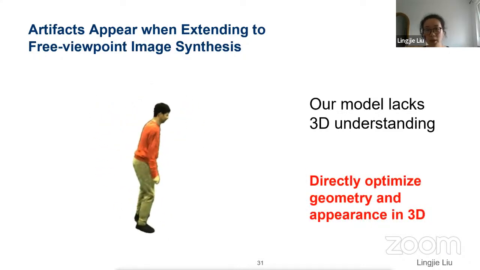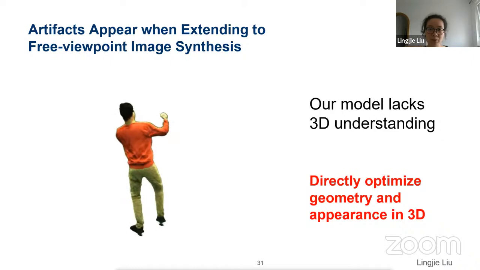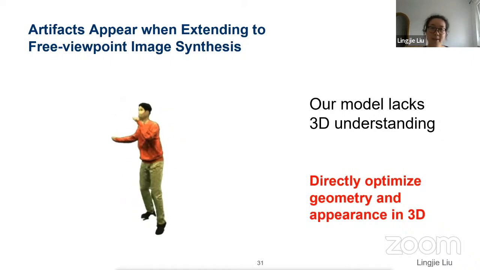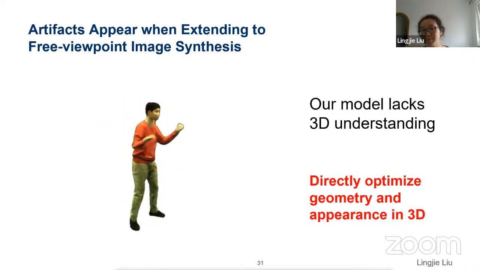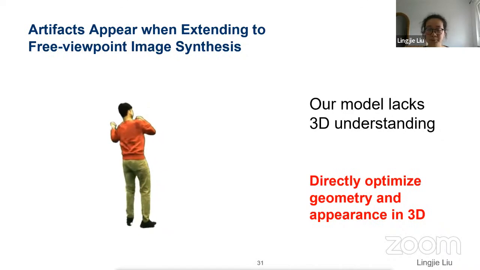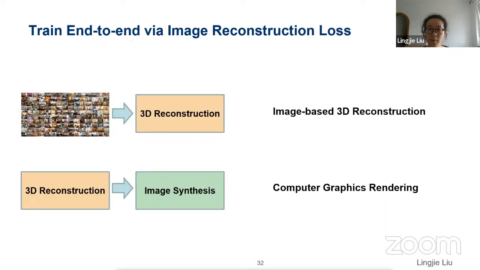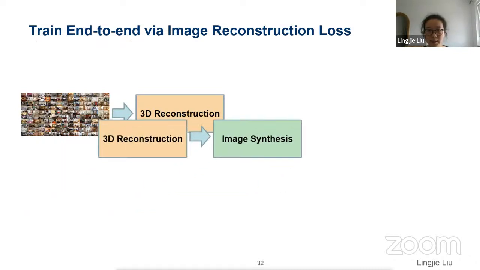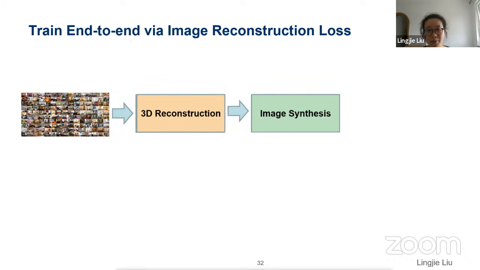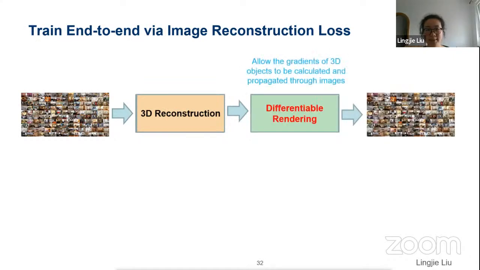One idea to address this issue is to directly optimize the geometry and appearance in 3D space. How to do this? It turns out we can link the reconstruction and the rendering part into an end-to-end pipeline by formulating this image synthesis step as a differentiable physics-based rendering process.